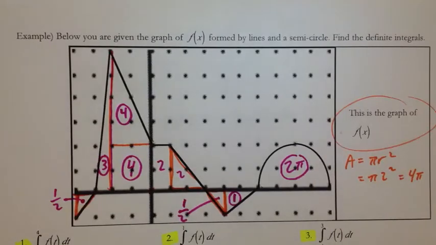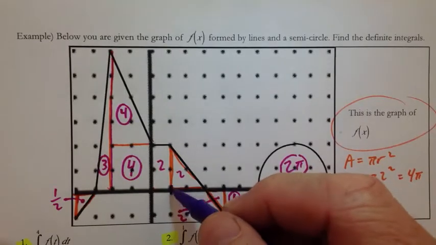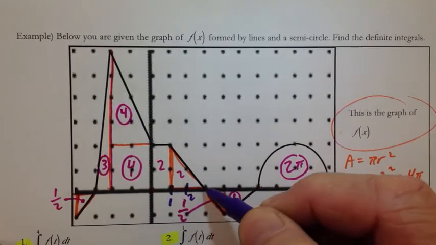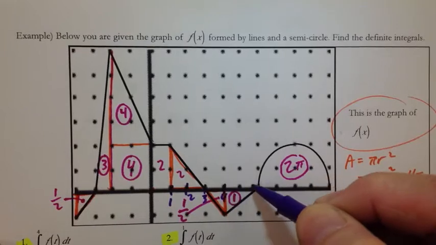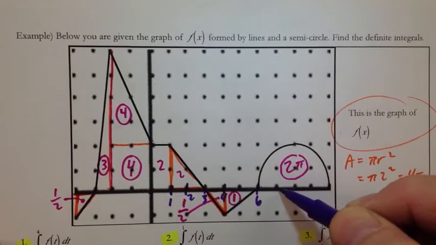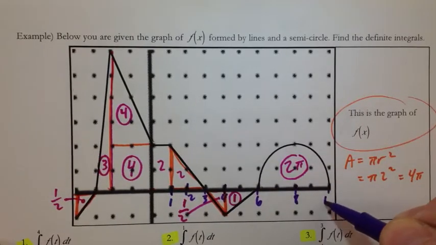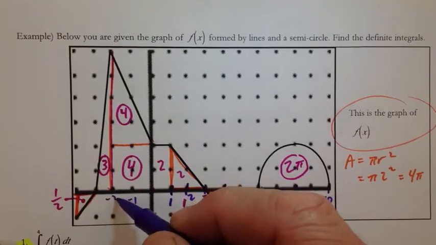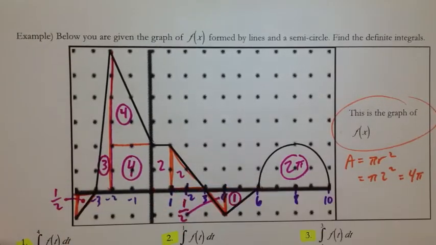Okay, so now we have everything we need, and it may be helpful to write down the units here: 1, 2, 3, 4, 5, 6, 7, 8, 9, 10, and then -1, -2, -3, and -4. Okay? So, we're ready to go.